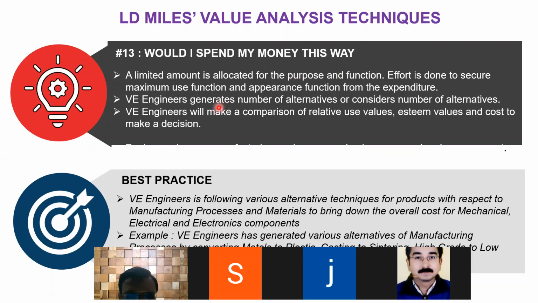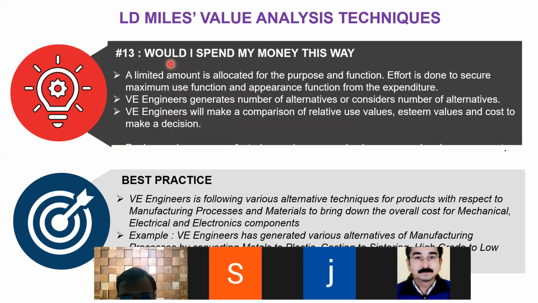Suppose you are purchasing a car worth 2.5 lakhs. Take the example of a Tata Nano. Would I need to spend 2.5 lakhs to purchase a Tata Nano, or would I need to spend 12 lakh rupees to purchase a Mahindra Scorpio?